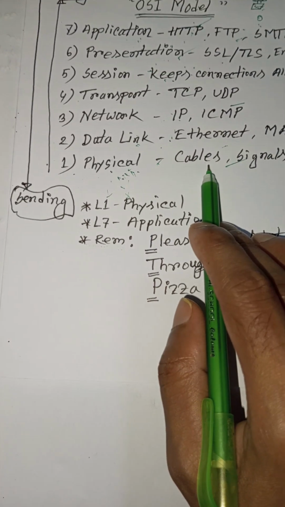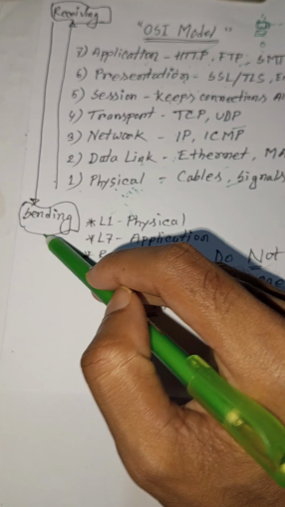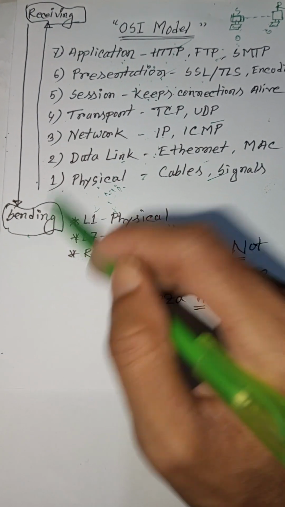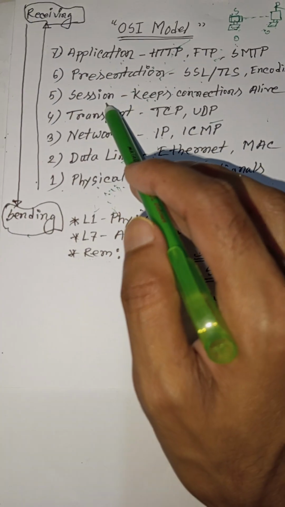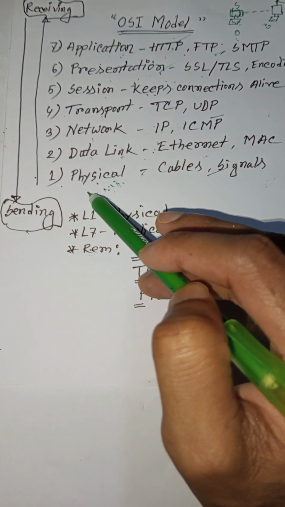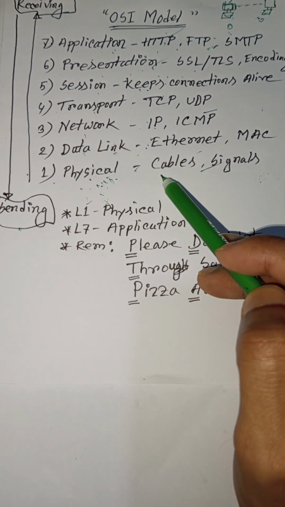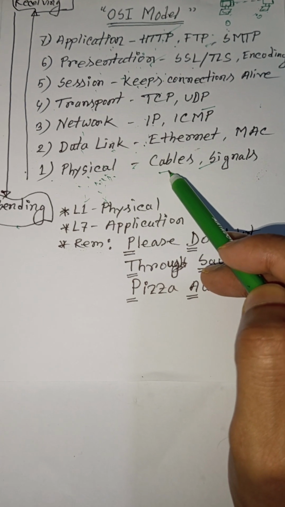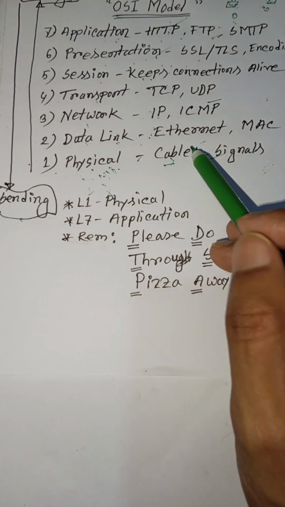When data is sent, it goes from top to bottom. So when data is sent from a device, the sequence will be application to presentation to session to transport to the network through the physical layer, and here the actual data will be converted into bits, and the digital signal will travel through a wireless or wired medium.